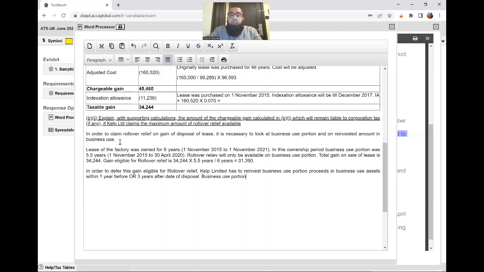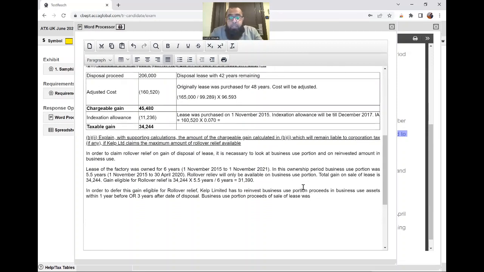Business use proceeds of sale of lease: the total proceeds were 206,000 divided by 6 years multiplied by 5.5 years. So it's 188,833.